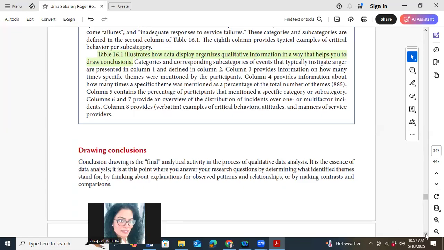The categories and the corresponding subcategories are given at the column level. One column provides information on how many times these components were mentioned by the experts, and another column provides information about how many times it was mentioned.